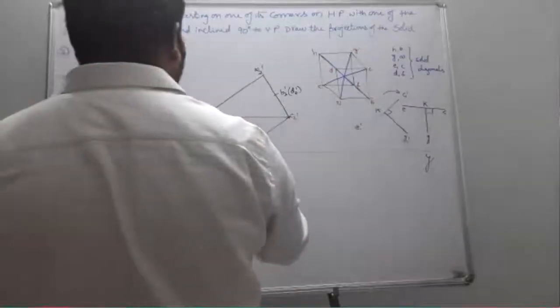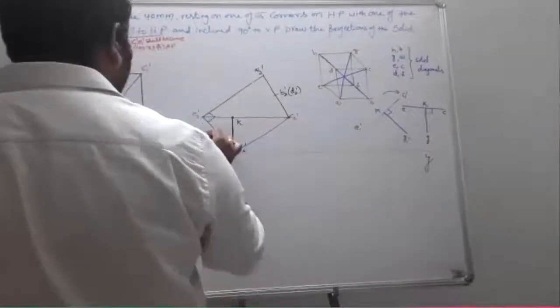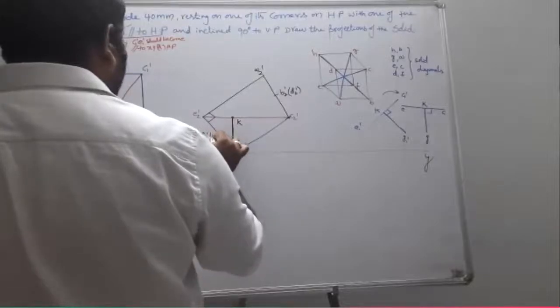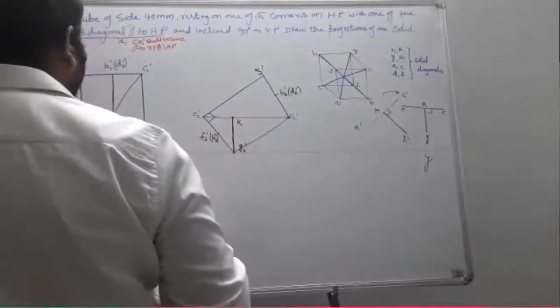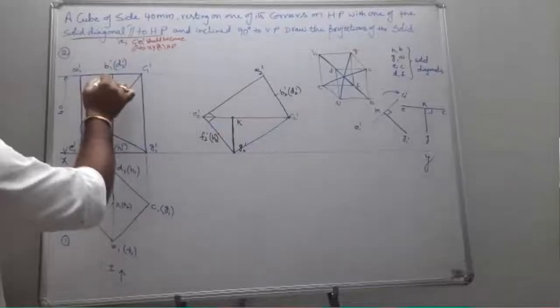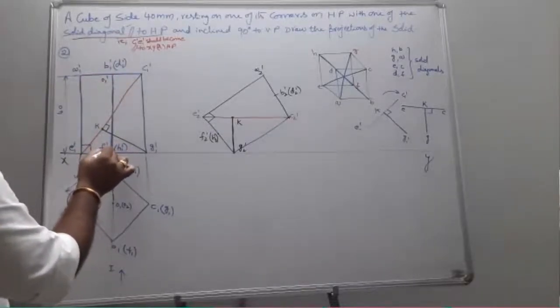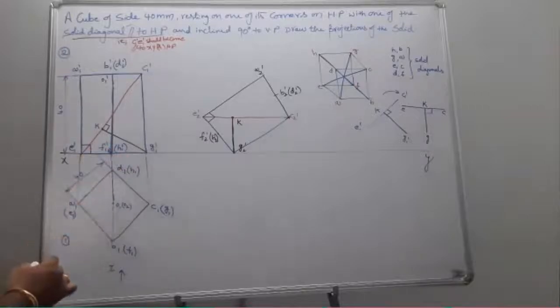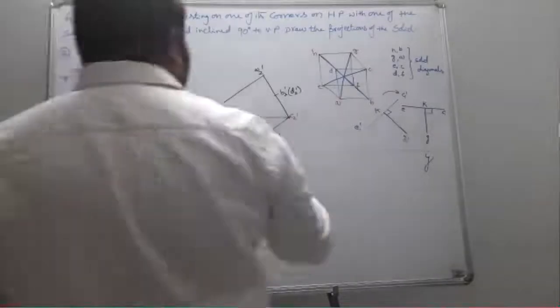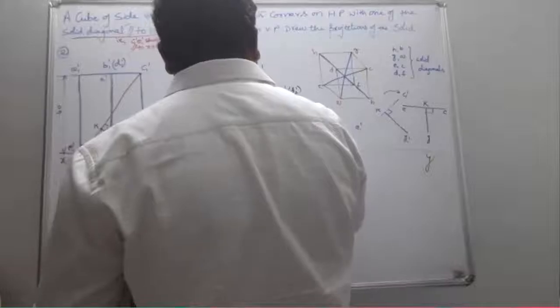And this becomes F2 dash of H2 dash. And also here it is O1 dash and also O2 dash. So mark these two, join these two.